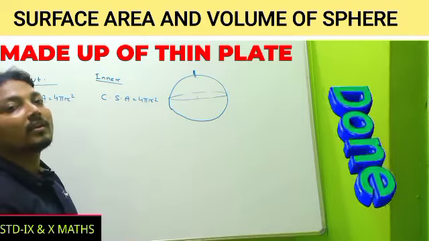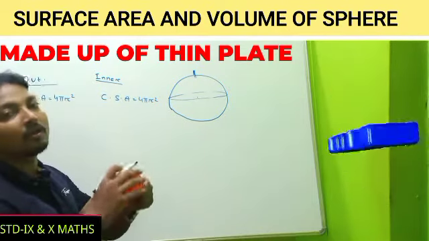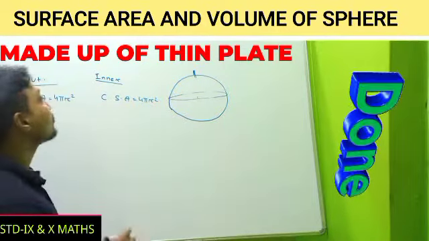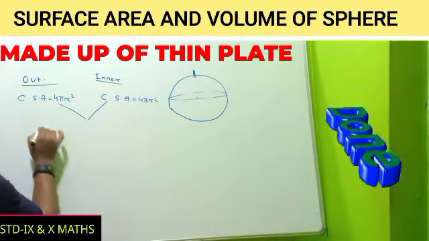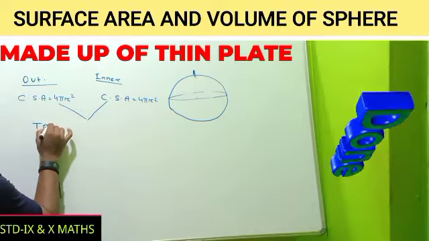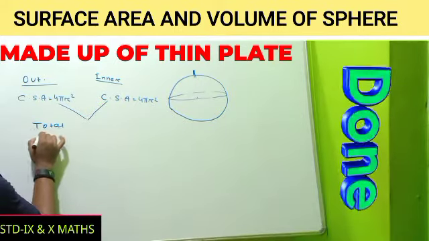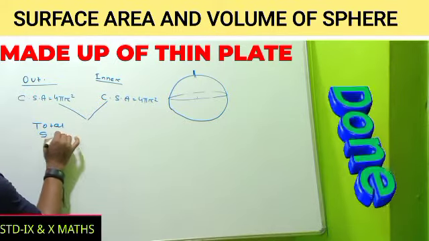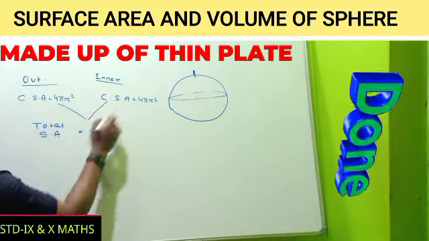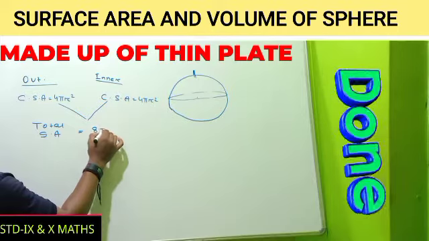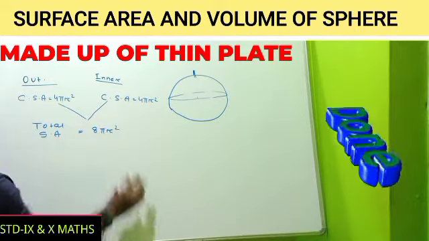Whenever I want to color or do anything to outer and inner together, the total curved surface area will be the sum of the outer curved surface area and inner curved surface area. Total surface area means total curved surface area. It is 4 pi r square plus 4 pi r square, which is 8 pi r square. So outer and inner curved surface area together I can calculate as 8 pi r square. Whenever only the outer is asked, it means 4 pi r square. For a thin plate, whenever it is asked to find the inner curved surface area, it is the same 4 pi r square.